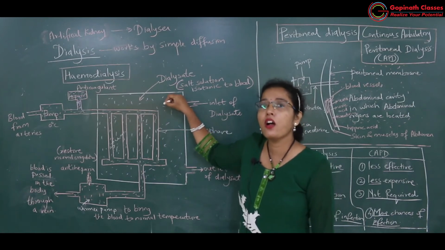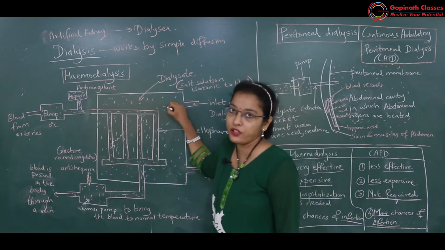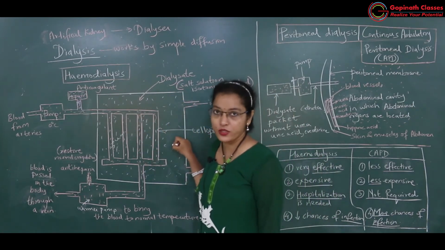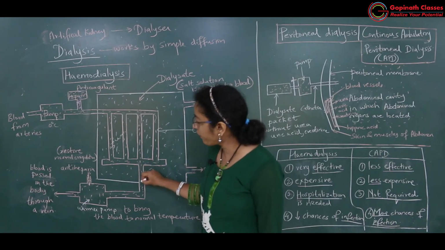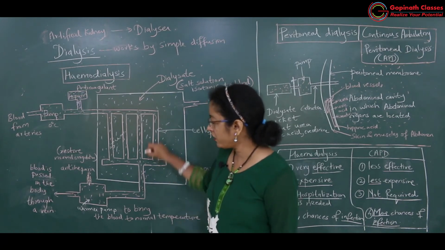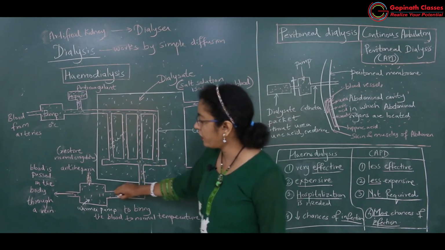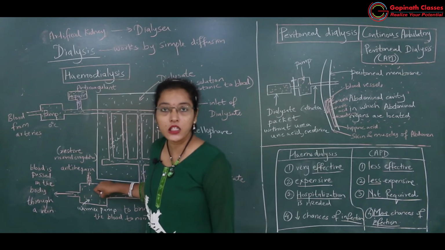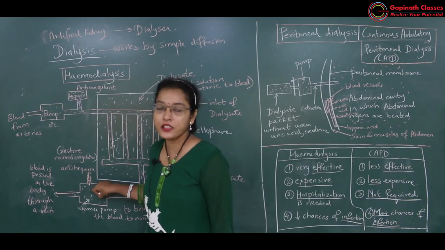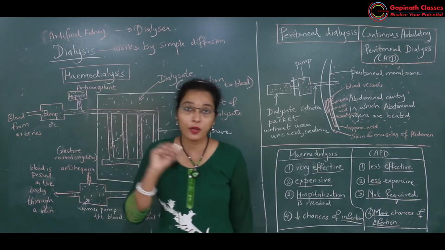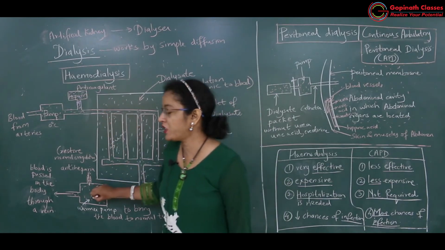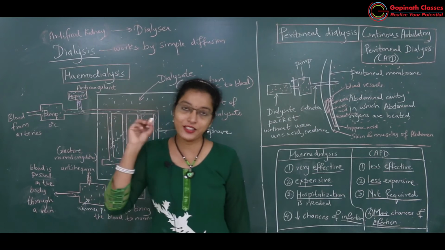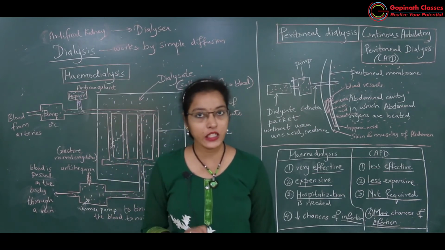So it will take 4 to 5 hours for all this process. Got it? And then finally after a few hours, this blood which is there will be passed in another pump, and this pump is kept at normal temperature. Why normal temperature? Because now this blood has to be sent into the patient's body again.